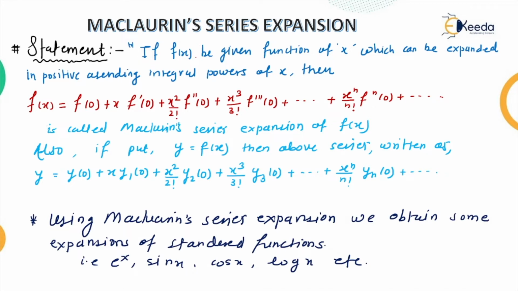Let's see. If f of x is a given function of x which can be expanded in positive ascending integral powers of x, where the powers of x are x power 1, x power 2, x power 3 and x power n and so on, an infinite series, then f of x can be written as f of 0 plus x into f dash of 0 plus x square divided by 2 factorial into f double dash of 0 plus x cube divided by 3 factorial into f triple dash of 0 plus and so on, x raised to n upon n factorial into f n of 0 plus and so on.